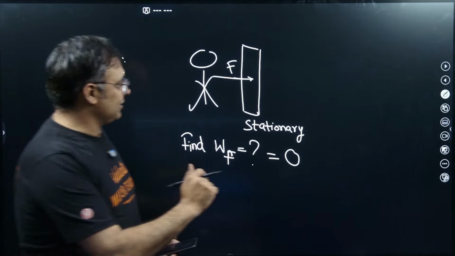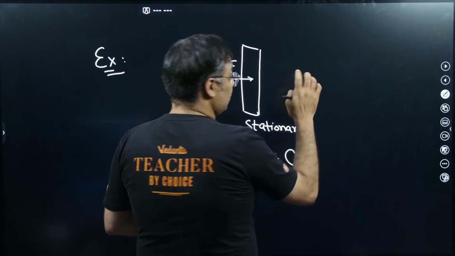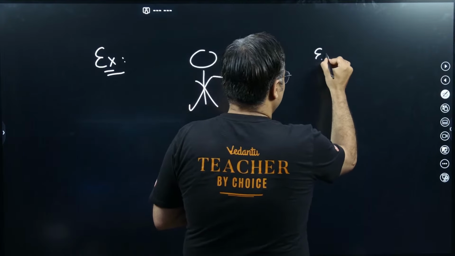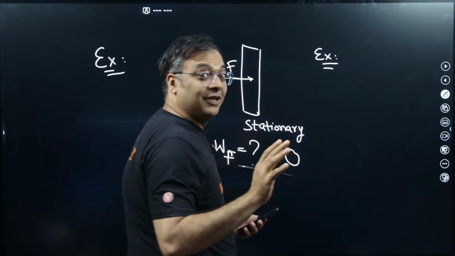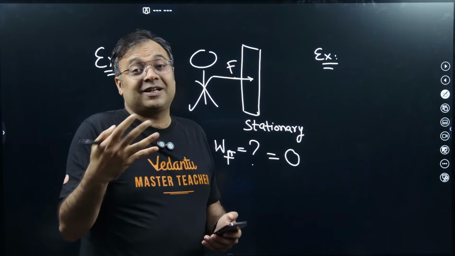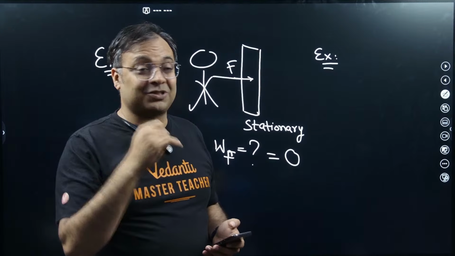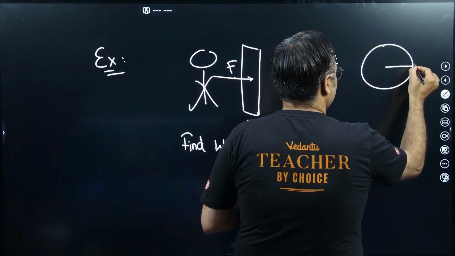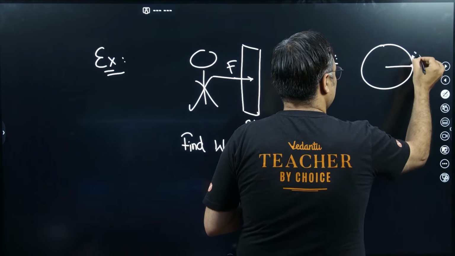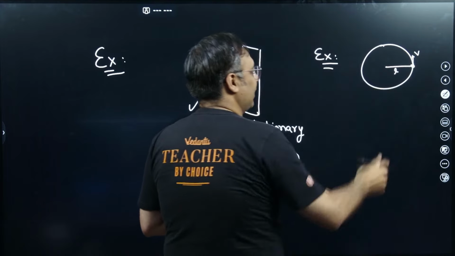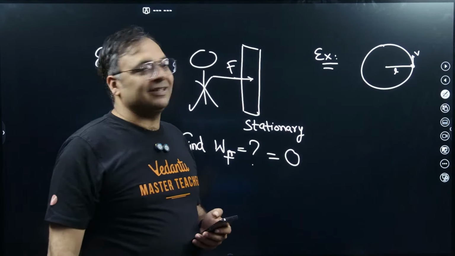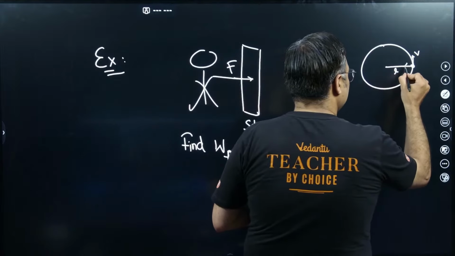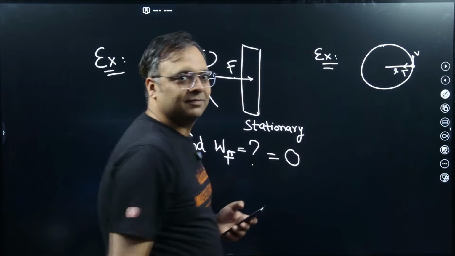Now the interesting point here is there is also one more way in which we can show that the work done is 0. I'll take an example before I tell you the physical feeling of work done being negative, work done being positive, and so on. Let's say you have a particle in a circular motion, attached to a string of length L. You can see very clearly that the force on this particle is in this direction.